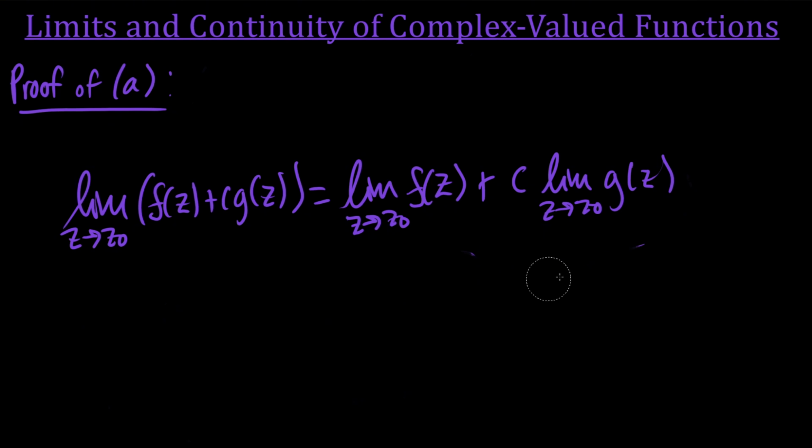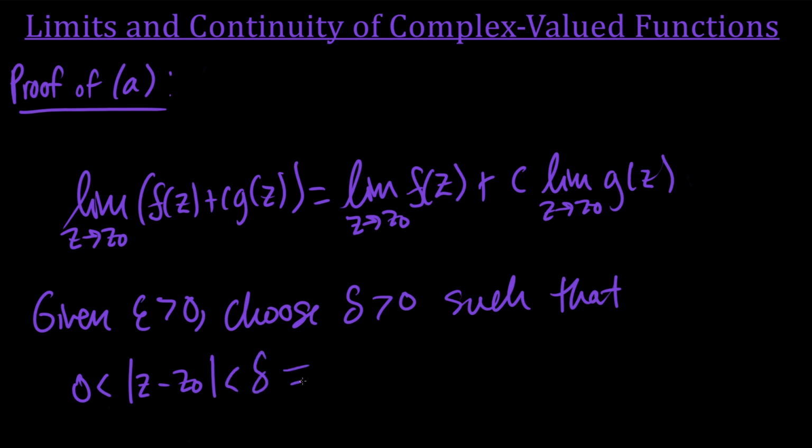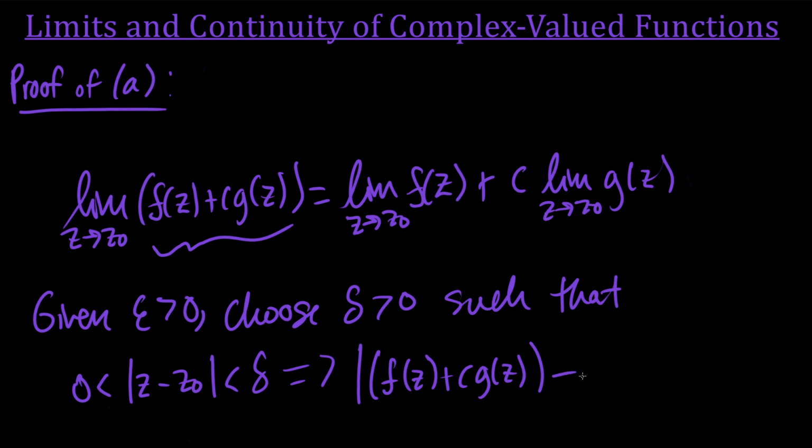And so ultimately what we want to show through this proof is that given any epsilon greater than 0, we would like to choose delta greater than 0 such that the modulus of z minus z0 being between 0 and delta implies that the modulus of the image of z, which in this case is f of z plus cg of z, minus w0, which recall is this entire right-hand side, is less than epsilon.